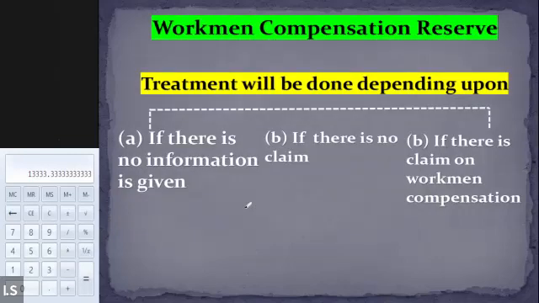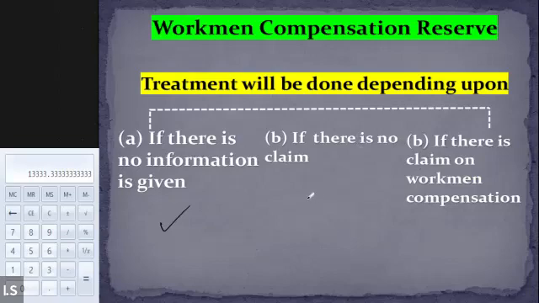Now, how workman compensation will be treated depends upon the question. If the question is not giving you any information regarding the treatment of the compensation, whether a claim has been made by the employee or not, in such a situation, the entire amount of reserve gets divided among the partners in the old profit sharing ratio.